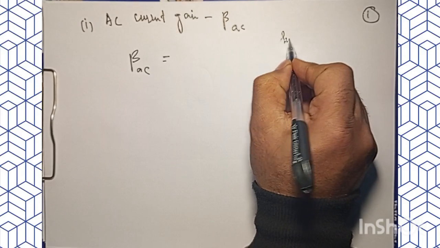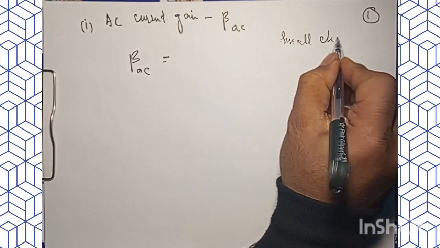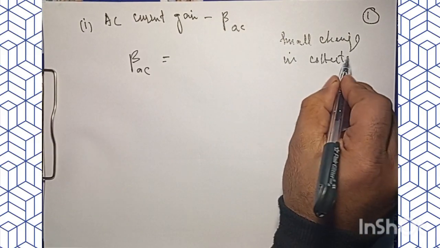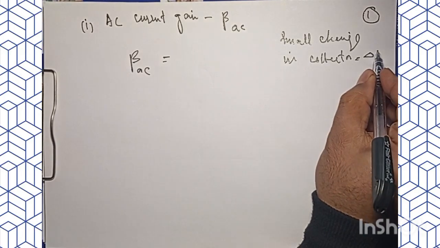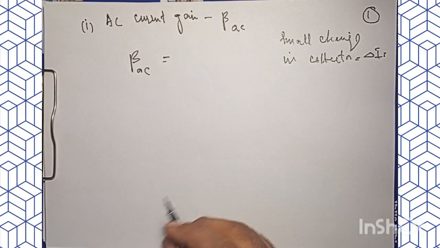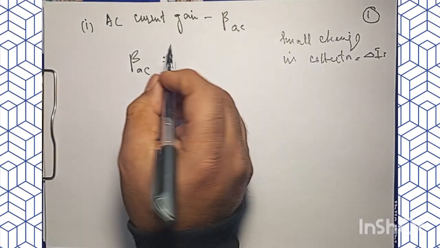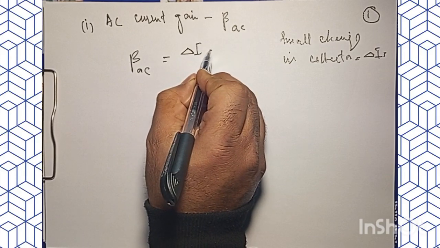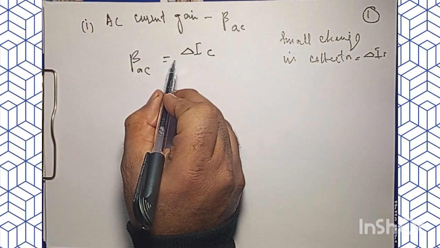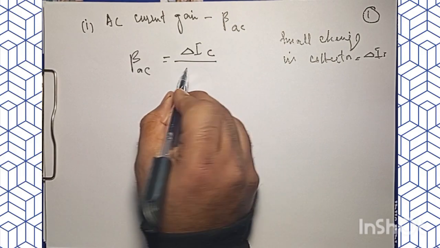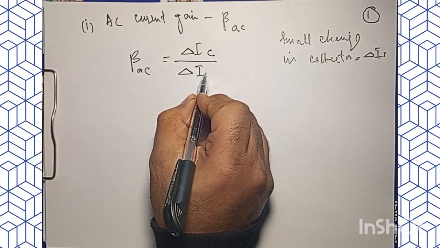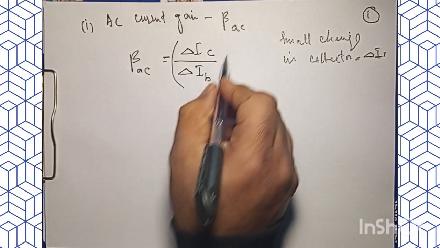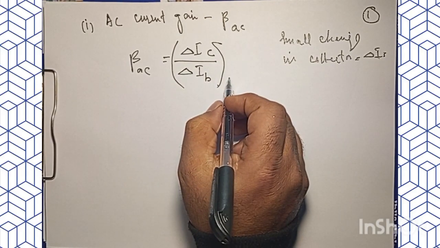A small change in collector current can be symbolized as delta IC. So the definition goes like the ratio between the small change in collector current and the small change in base current, delta IB, at constant collector emitter voltage.